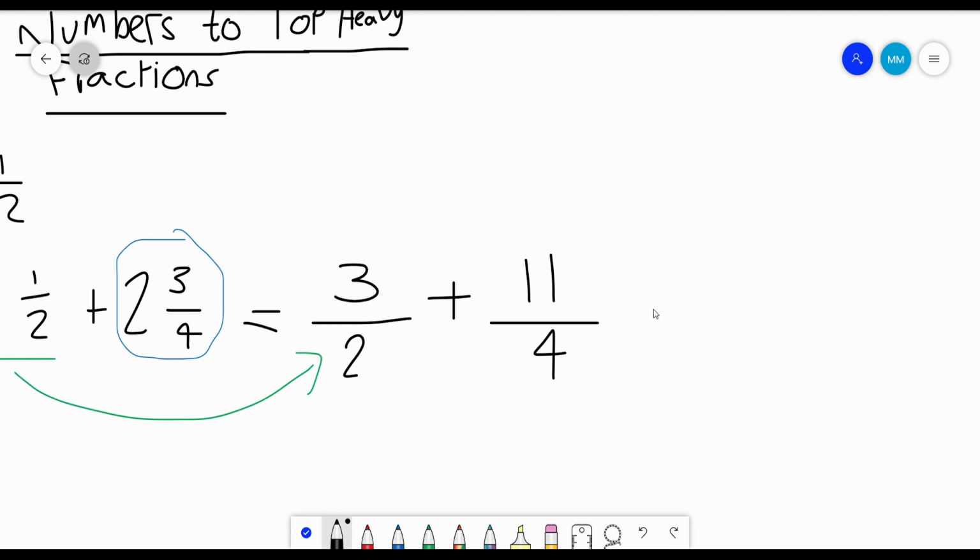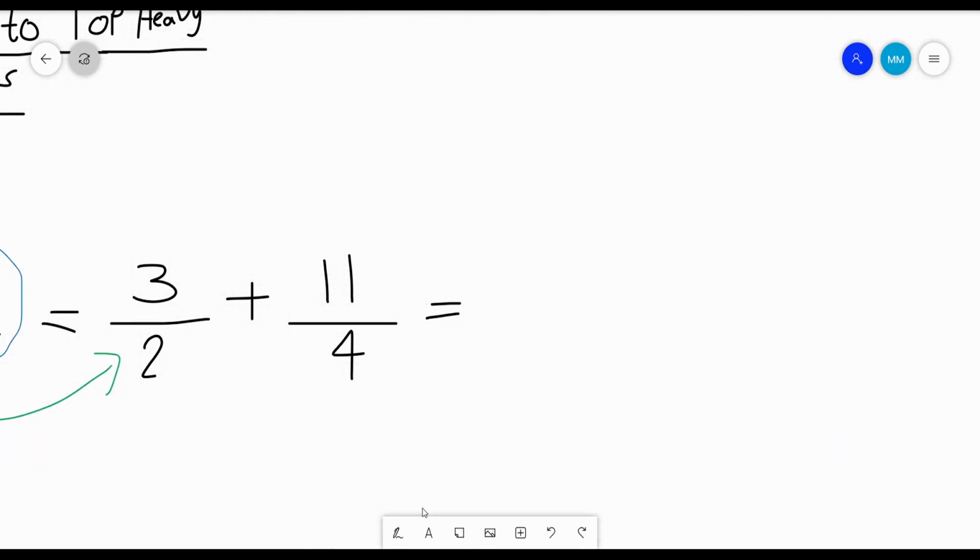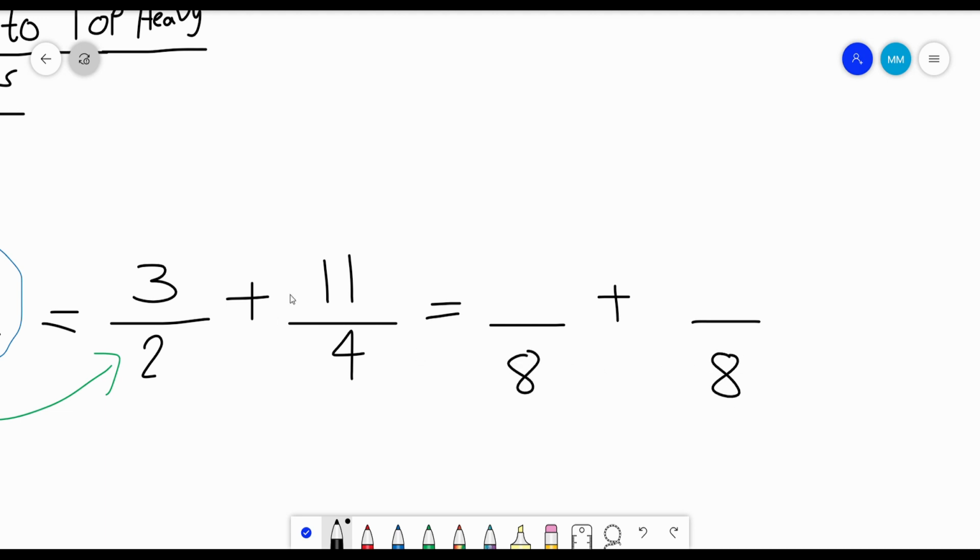Now you can proceed to add, or depending on the sum you're given, take away the fractions. So quick refresh, 2 times 4 is 8. Cross multiply, so 3 4s are 12. 2 times 11 is 22.